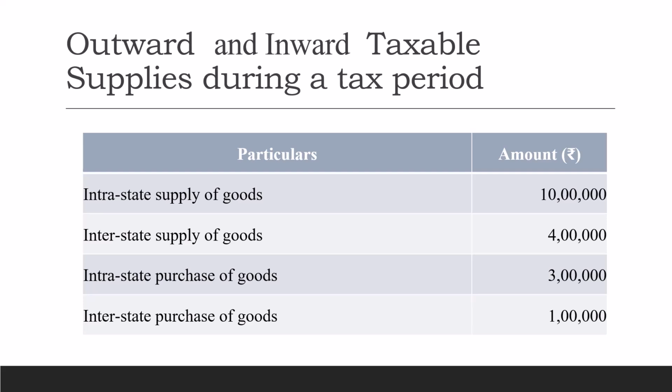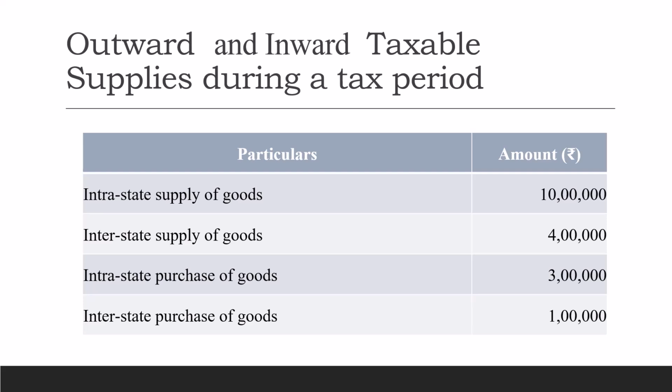So we have intrastate supply of goods, 10 lakh rupees, and interstate supply of goods, 4 lakh rupees. So first is intrastate, second is interstate. Then he has purchased certain things, within the state and outside the state, 3 lakhs and 1 lakh. So this is his sale for that period.